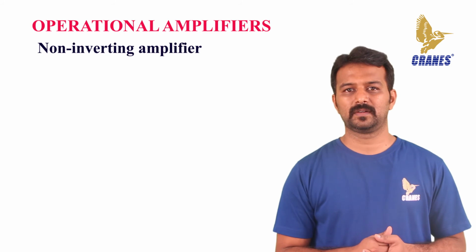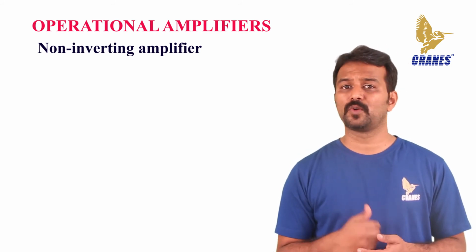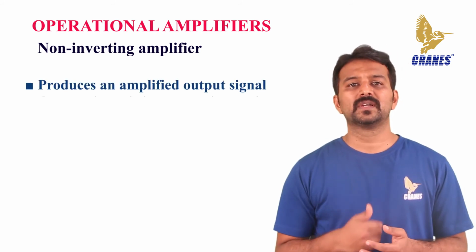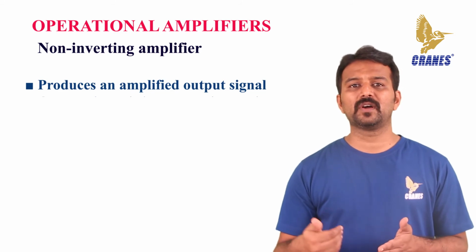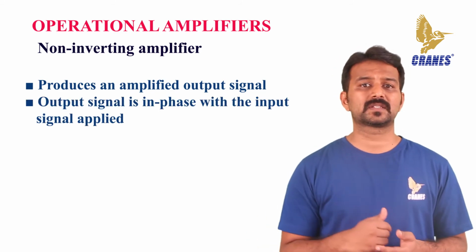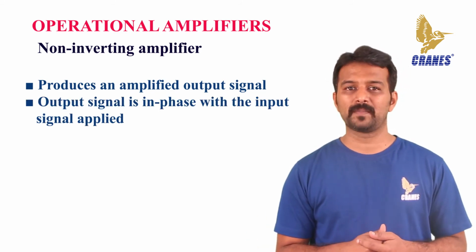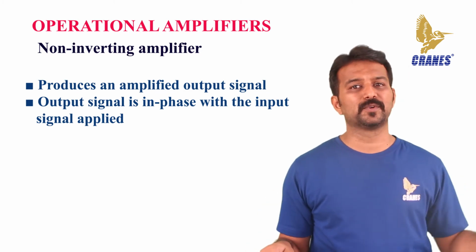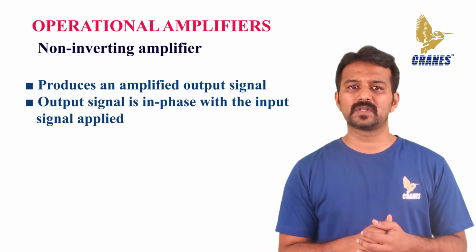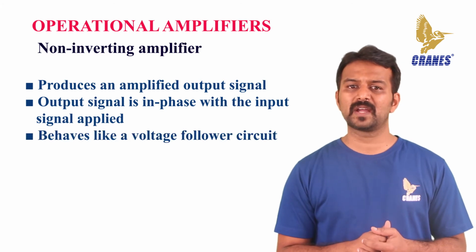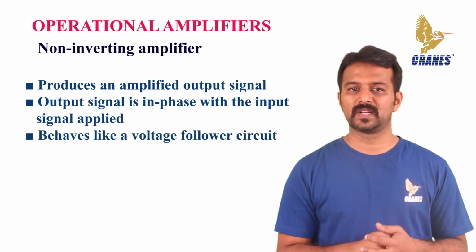Non-inverting amplifier. A non-inverting amplifier is an op-amp circuit which produces an amplified output signal. The output signal of a non-inverting op-amp is in phase with the input signal. In other words, a non-inverting amplifier behaves like a voltage follower circuit.